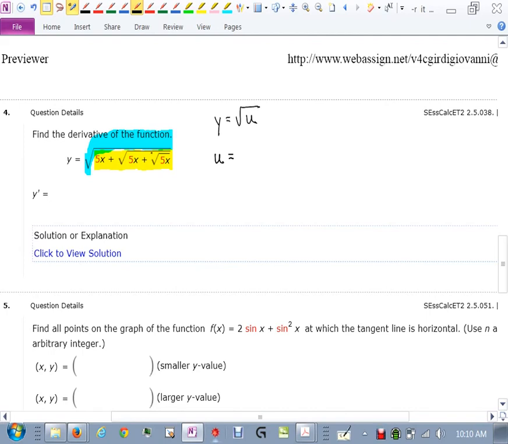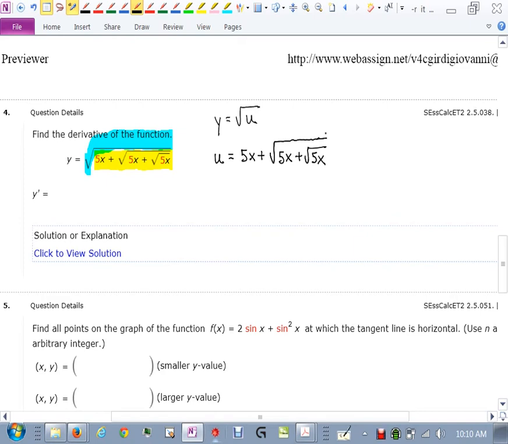So we're going to have two variables in here, but let's just do this. 5x plus the square root of 5x plus the square root of 5x. Like that. That's where we are, right?